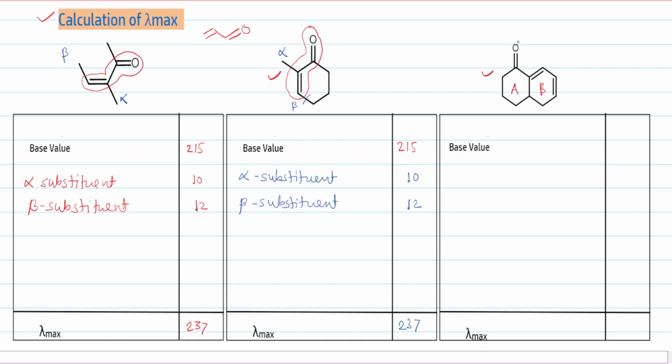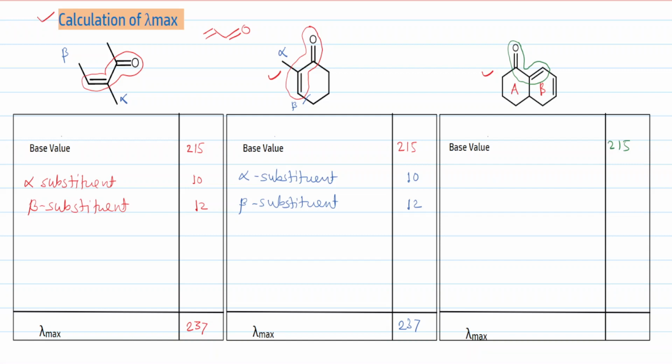Now here I will mark this enone system. It is a six-membered ring, therefore the value is 215 nanometer. Now the second step is the marking of alpha, beta, gamma and delta. This substituent is the alpha substituent.